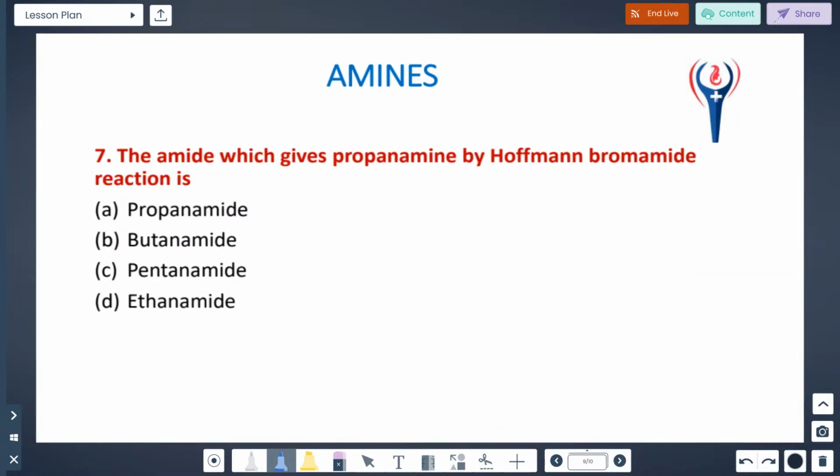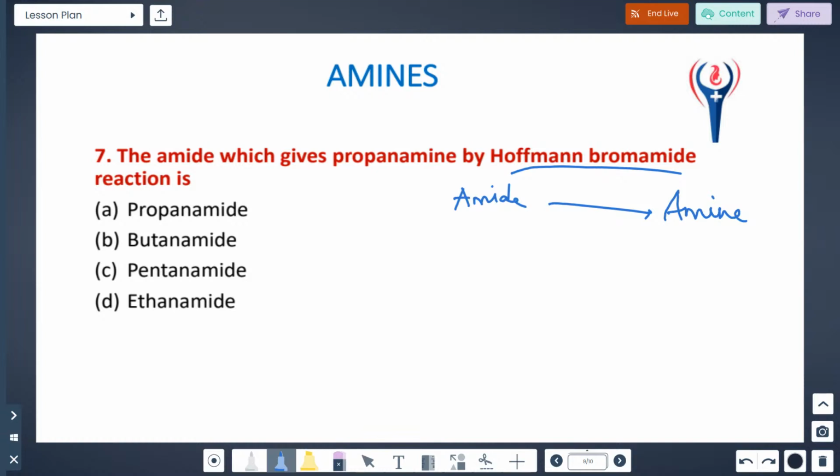The amide which gives propanamine by Hoffman bromamide reaction is the question. Just remember, this reaction is nothing but amide to amine. That's called Hoffman bromamide reaction.